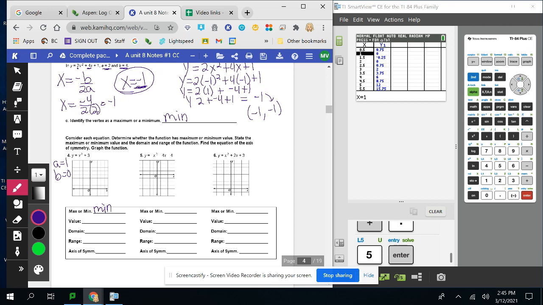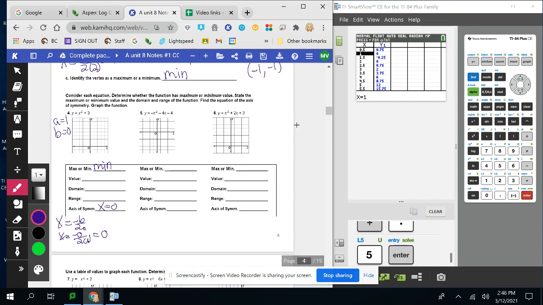To find its value, I'm going to first find the axis of symmetry. So to do that, I do x equals negative b over 2a. So it's x equals negative 0 over 2 times 1. So the axis of symmetry is x equals 0. Again, I still need to determine the vertex, the value. So I'm going to substitute 0 into my equation for x.